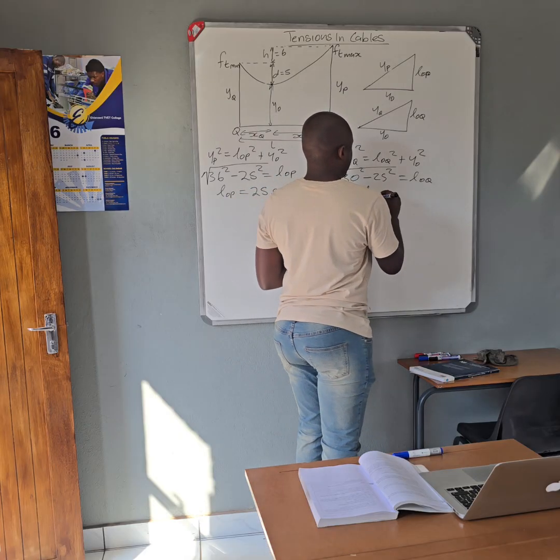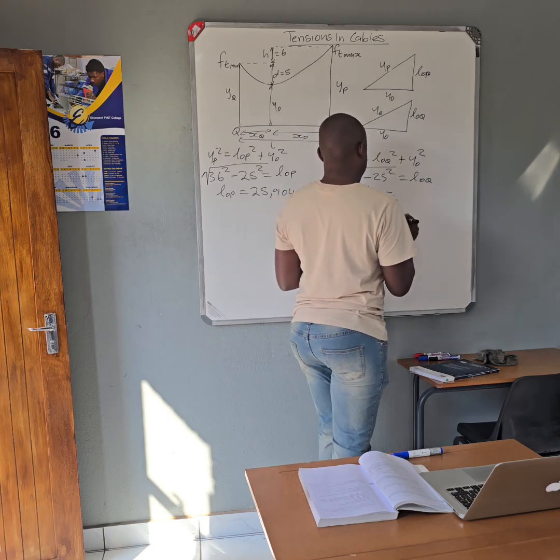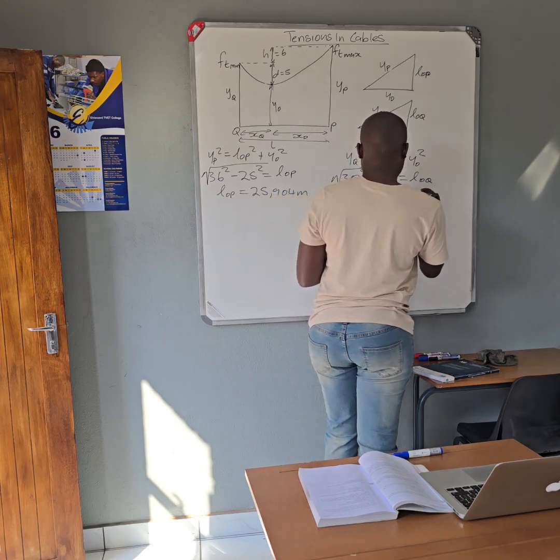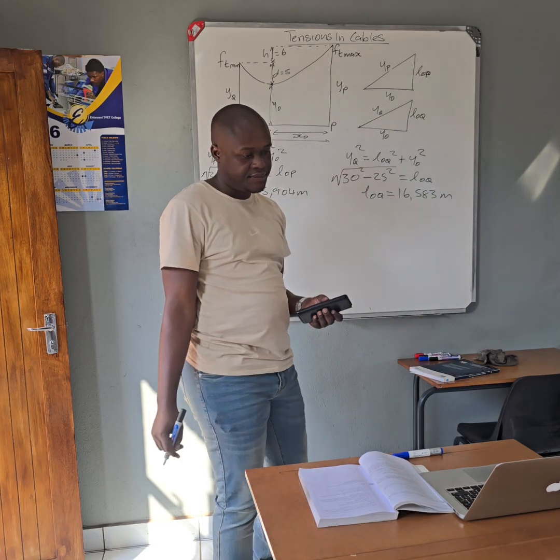Then for LOQ, the root of 30 squared minus 25 squared gives us 16.583 meters.